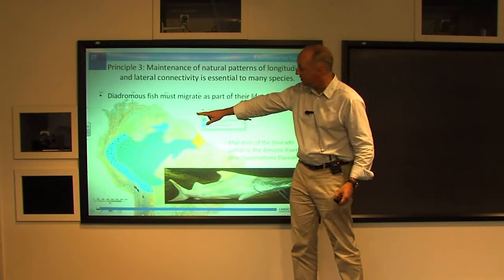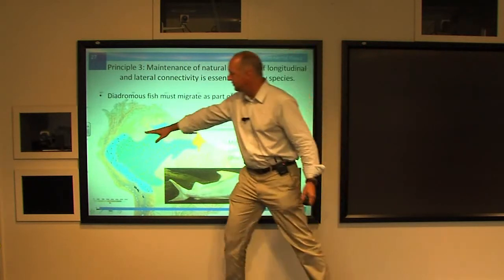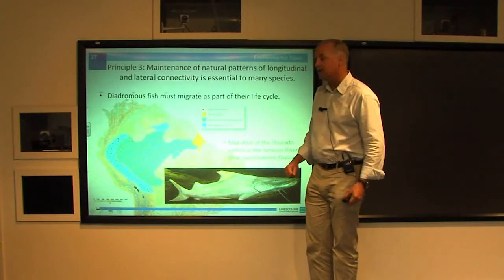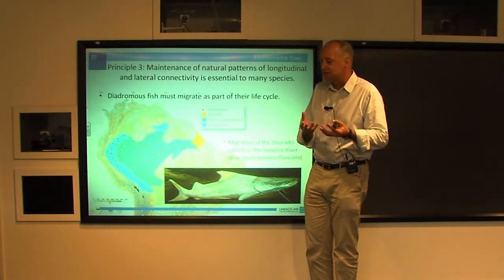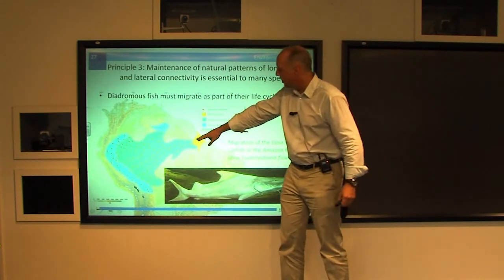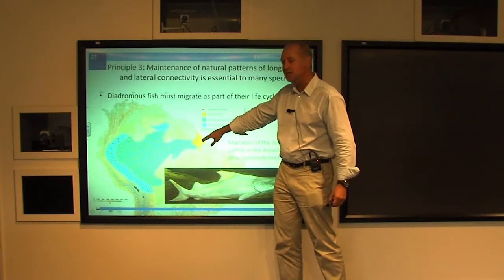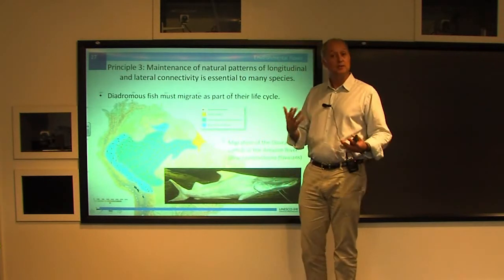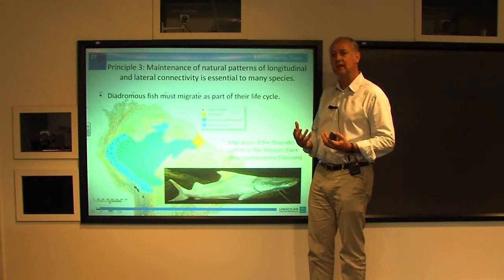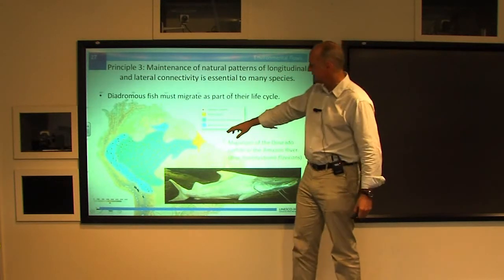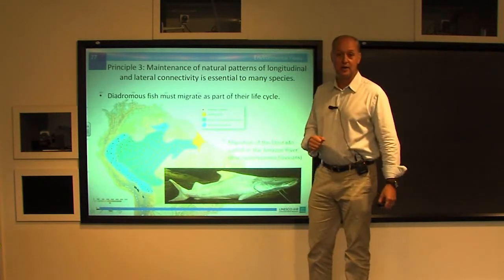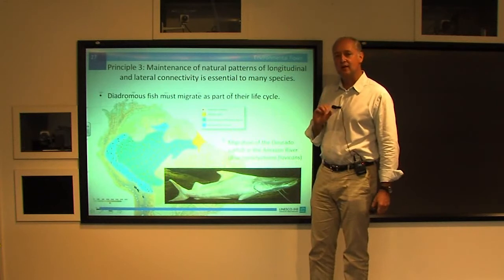In this case, they spawn in the foothills of the Andes, in the blue area in the graphic there, and then the young fish are washed downriver, and over the course of a few weeks are washed all the way down to the estuary of the Amazon, which acts as a nursery for them, with high nutrients, high productivity, and they grow in that estuarine environment until finally beginning the long migration back upriver, thousands of kilometers.